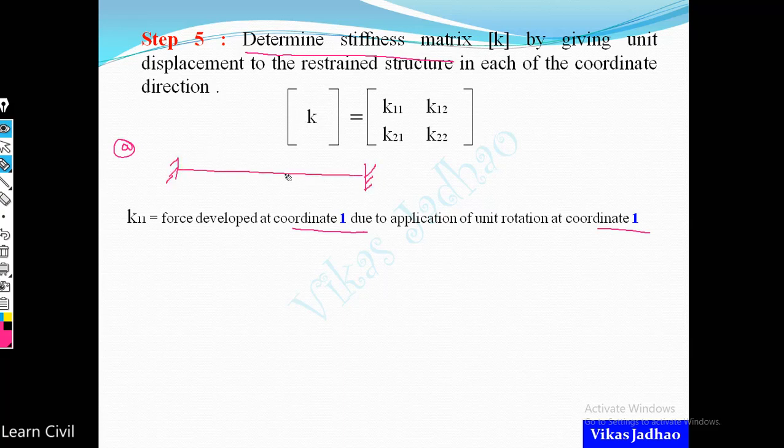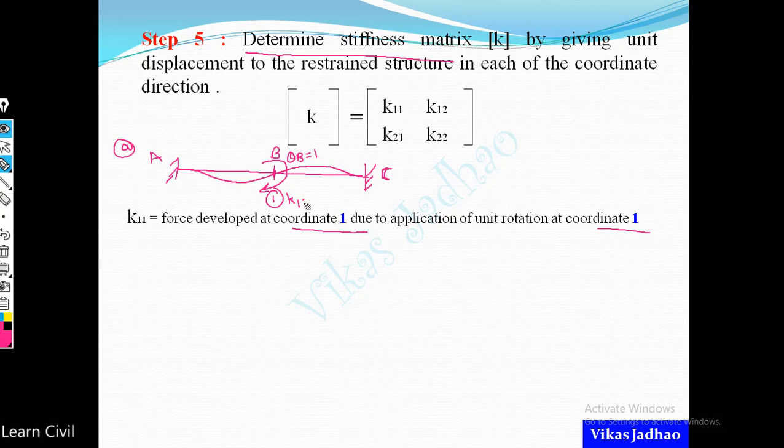We have coordinate number 1 as joint B. At this joint B, we will be applying unit rotation, that is theta B equal to 1, assuming all other ends, that is A and C, as fixed. The deflected shape will be something like this. And different coefficients or forces will be developed.